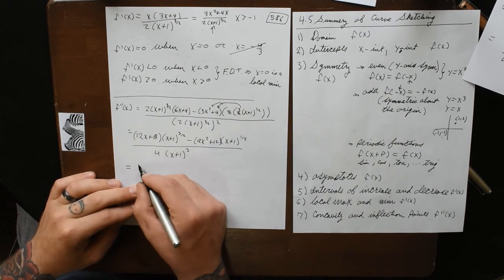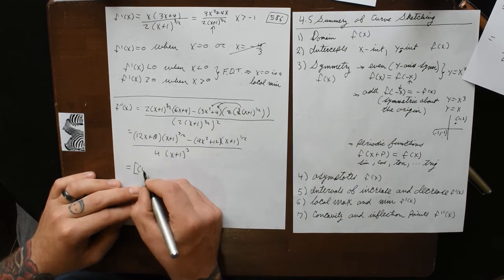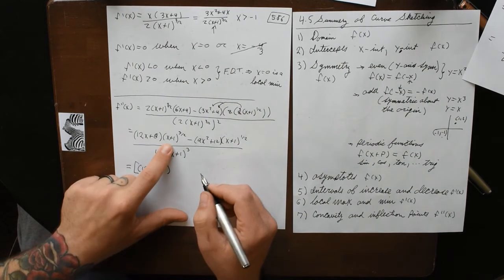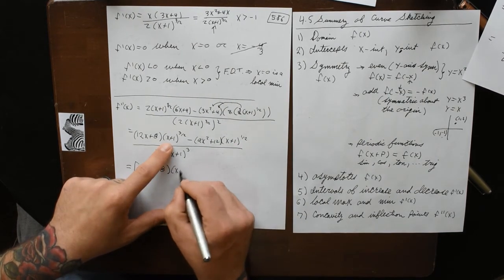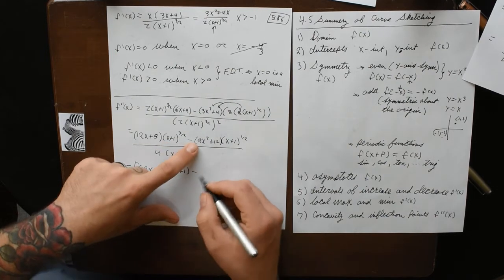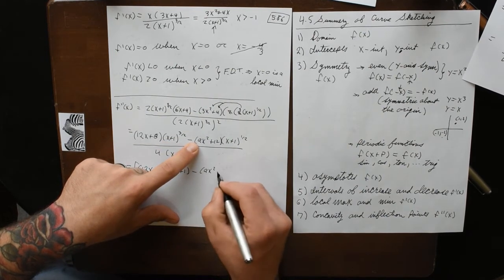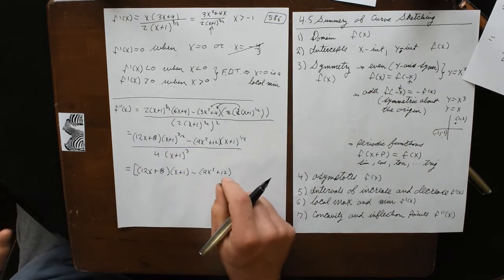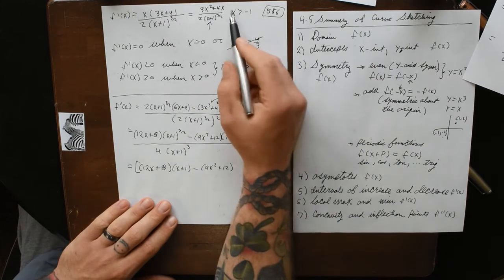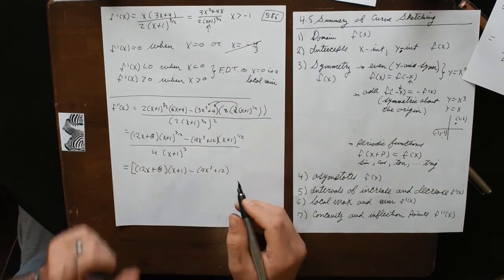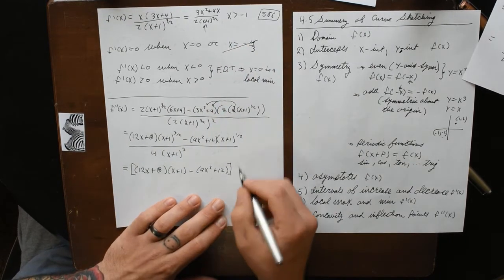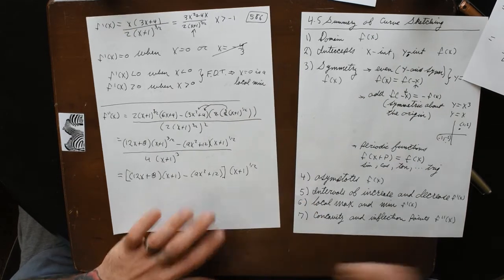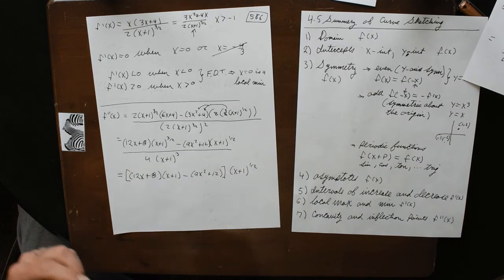This is going to be equal to (12x plus 8) times what is going to be (x plus 1), minus (9x squared plus 12), all times, oh, and I did it again, all times (x plus 1) to the 1/2. I wonder how many of you guys noticed it.